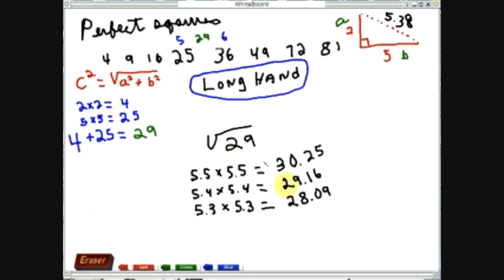5.4 gives you 29.16, which is greater. So we have to use this square here, 5.3. If we were only working with one decimal point, that wouldn't be too bad. It would end here, so that would be 5.3. But most of the time, you need to work it out to 2 decimal points at minimum.